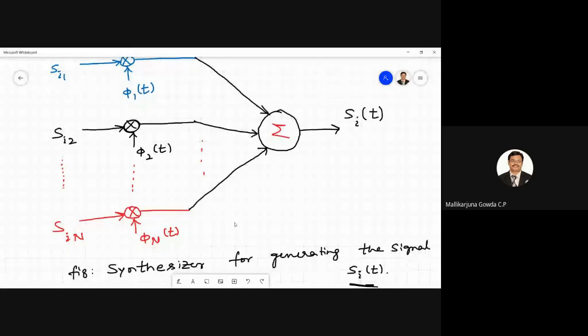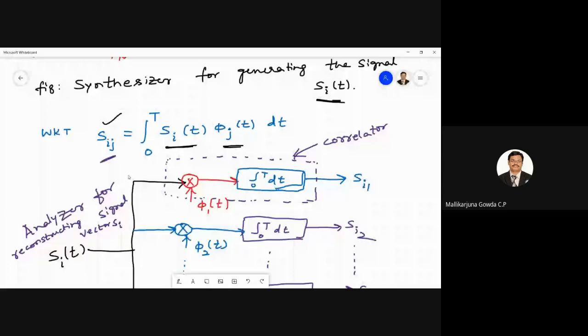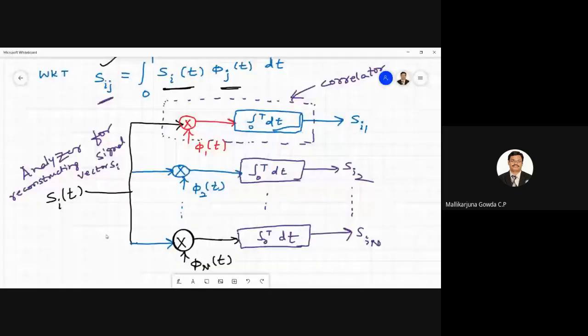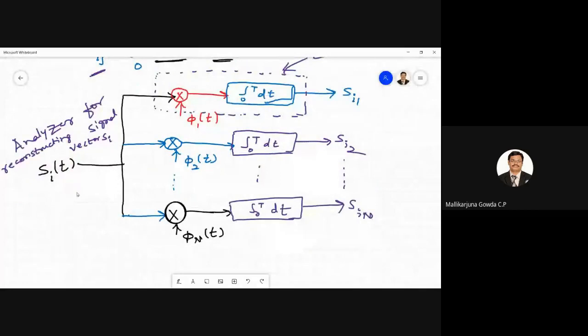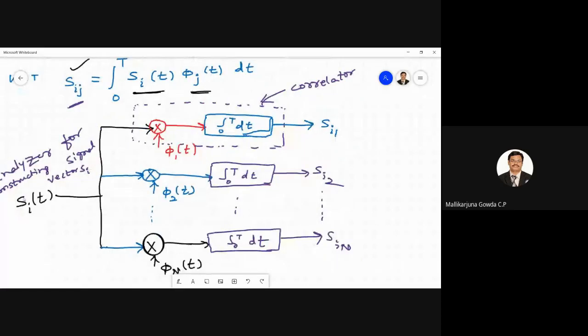Next is the analyzer. Here we give the modulated signal, Si of t, as an input. Again, we need to get back the original message signals at the receiver side. To get that back, I multiply this received signal by a basis function, that is the carrier, phi1 of t.